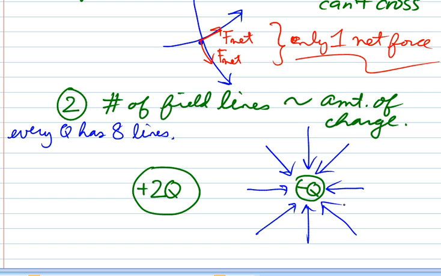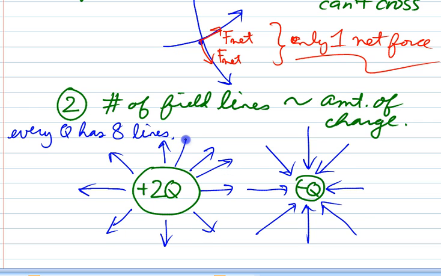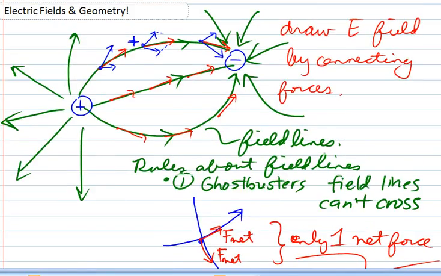Alright, well that means that if I have 2q over here, I need double that. So I'm going to put in my original 8. They're supposed to all be the same length. And then I would put in 8 more for a total of 16. Okay, why is this important? Well, because what's going to happen is that we're going to have some connecting of these field lines between a positive and negative, just like we did up here.